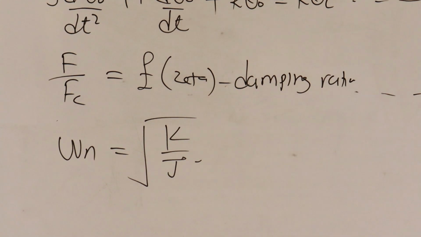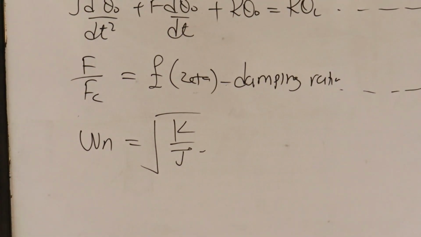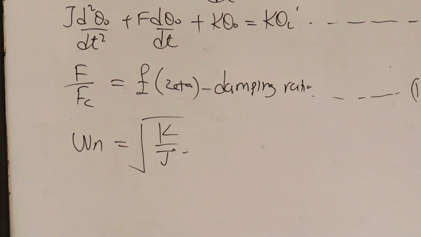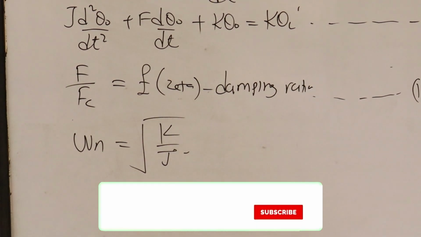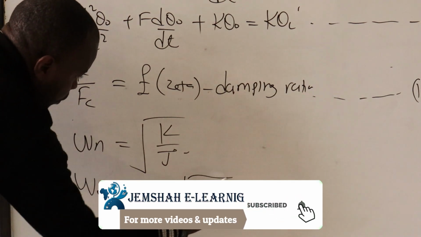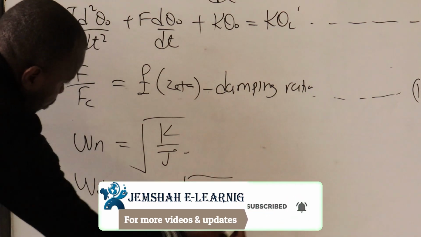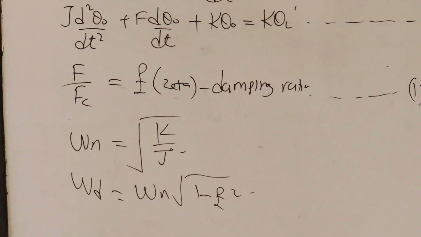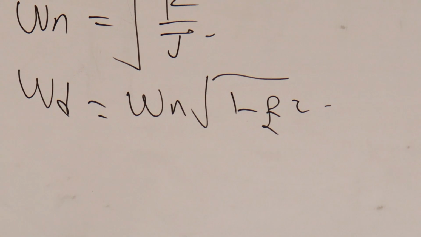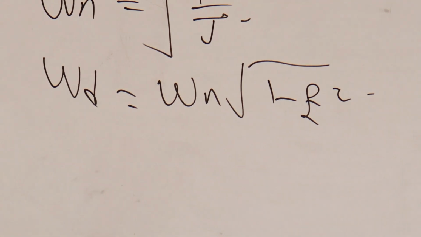Omega d is given by omega n times root of 1 minus zeta squared. So that is how we get omega d.